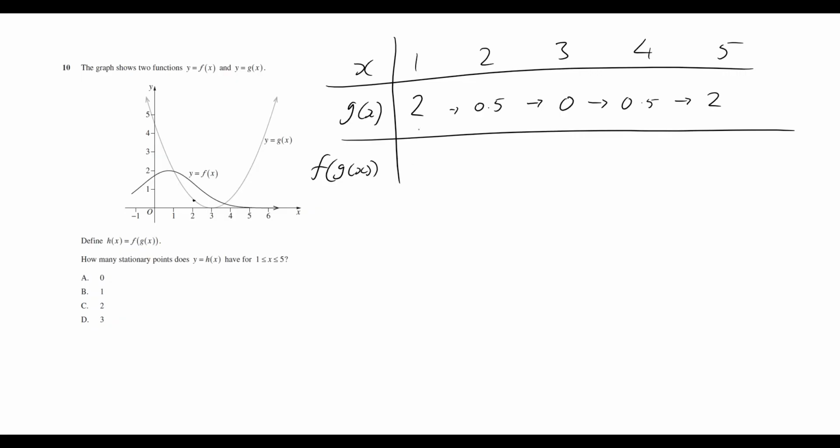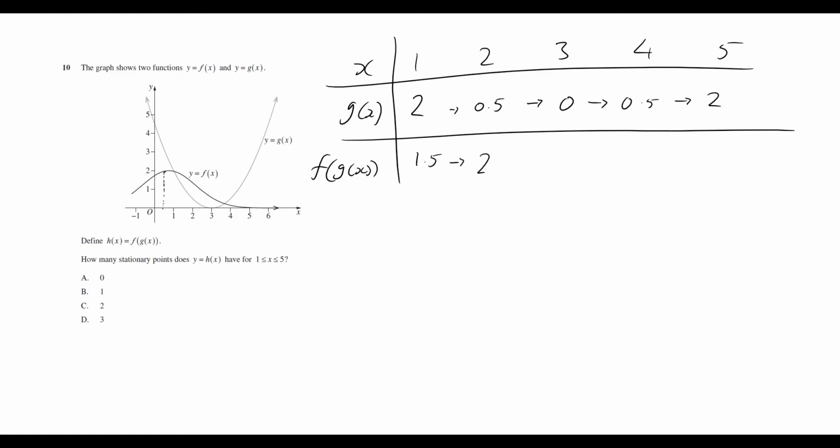So when x is equal to 2, we have on the f of x function a value of about, I'm going to guesstimate, 1.5 perhaps. So we have a value of 1.5 there. Now, when we have an input of 0.5 on f of x, what do we get? We get a value of about, let's say, 2 perhaps.